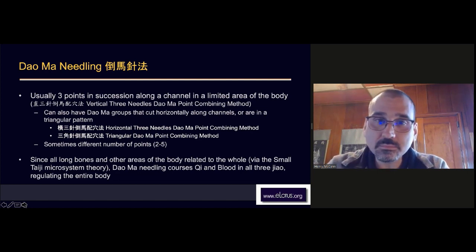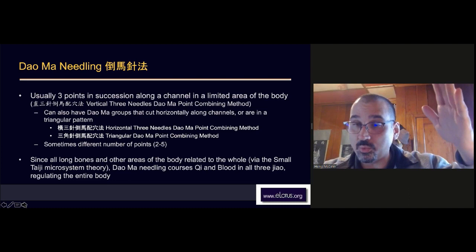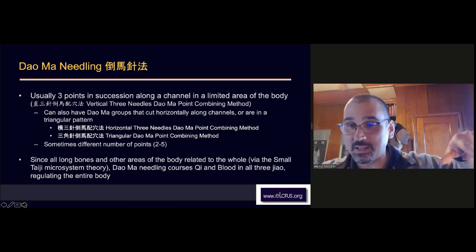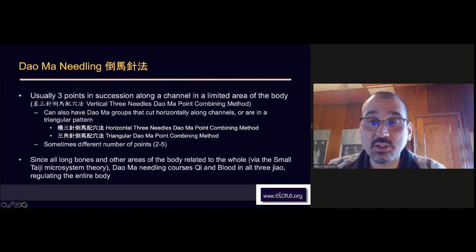Yeah. So in Dong's acupuncture, frequently we will use points distributed in a line along this proximal-distal line, right? That's what we call the vertical 3 needles Daoma needling. This is such an essential strategy in Dong's acupuncture that many points are just given one name.